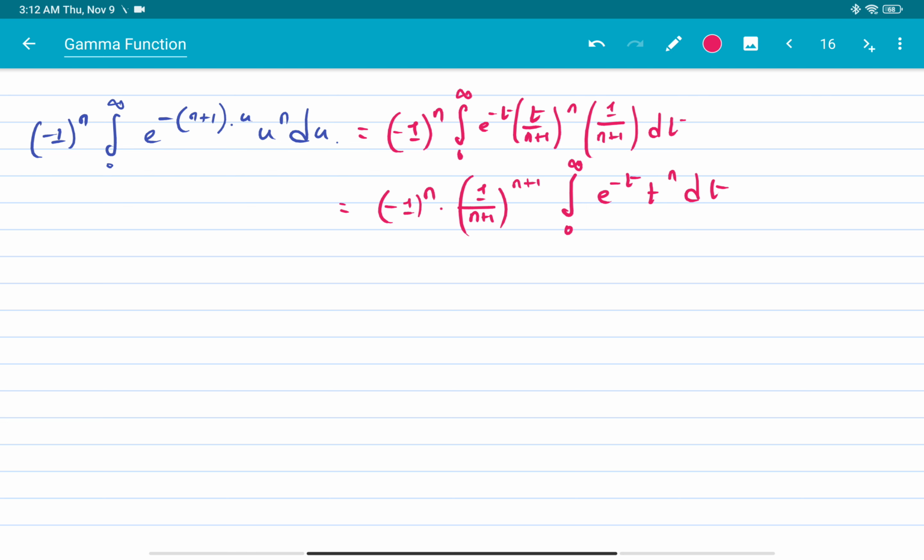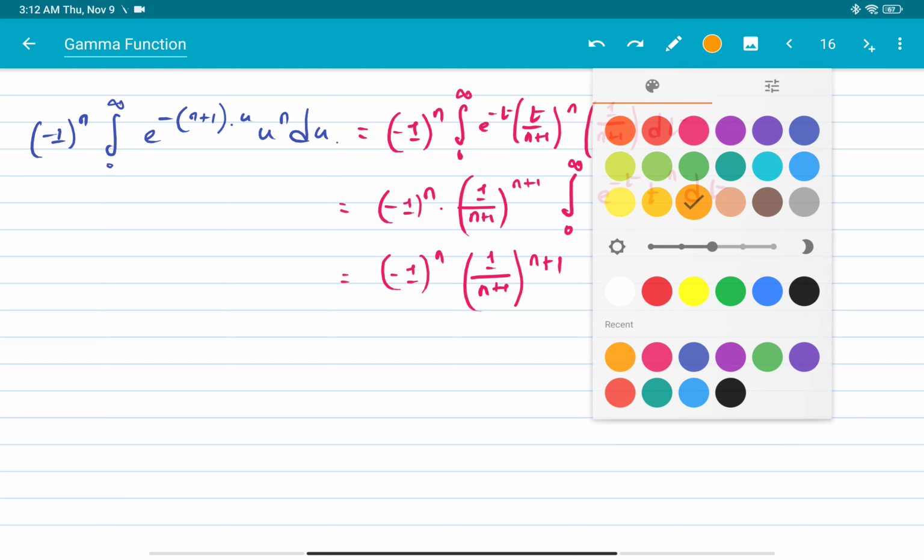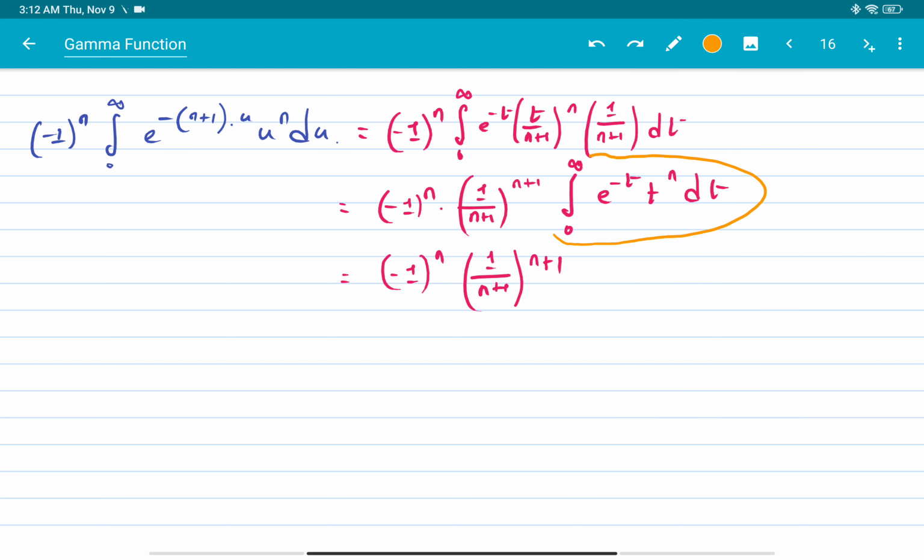Now as you all know, this will be minus 1 to the power n over n plus 1 raised to the power n plus 1, and this integral will be gamma n plus 1.